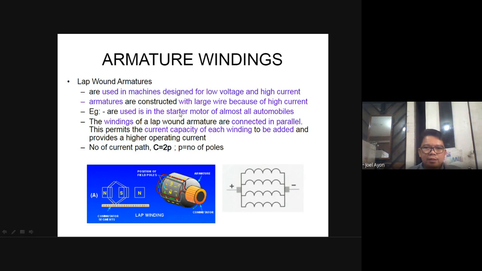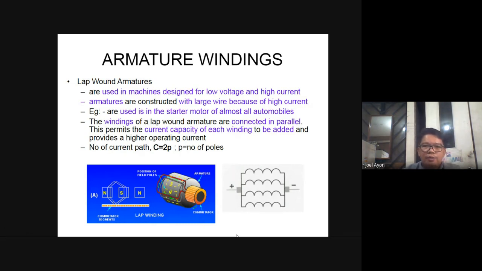Armatures are constructed with large wire because of high current. So usually, the starter motors of engines in automobiles use lap-wound armatures because lap-wound motors have high current. Starting motors are used to start the engine, di ba? When you click the ignition switch, it will start the engine using the starter motor.